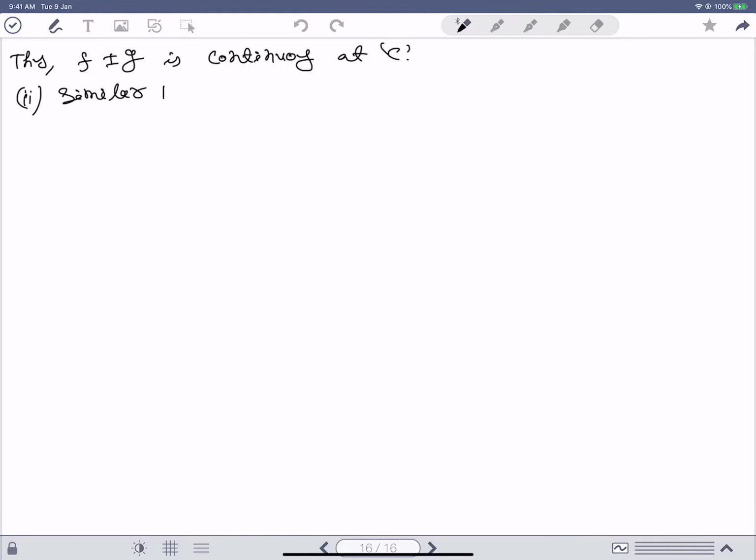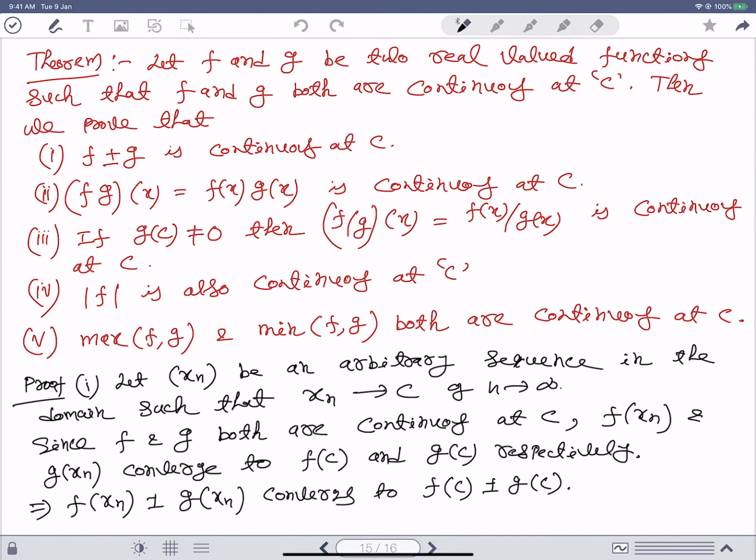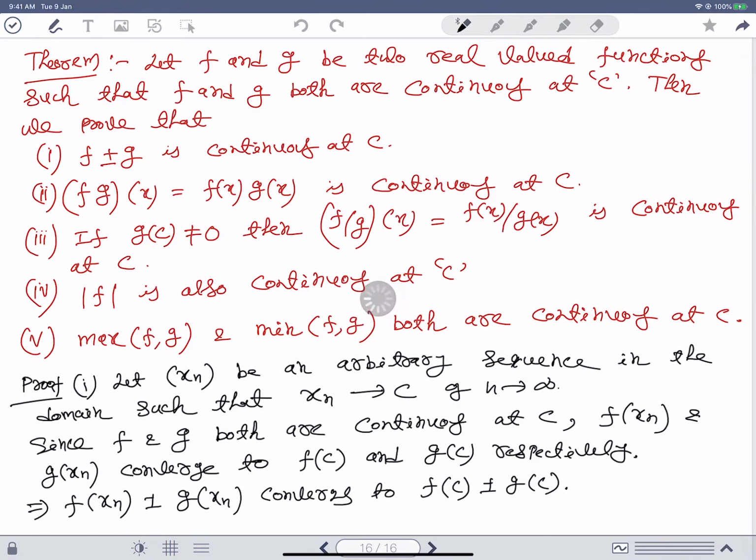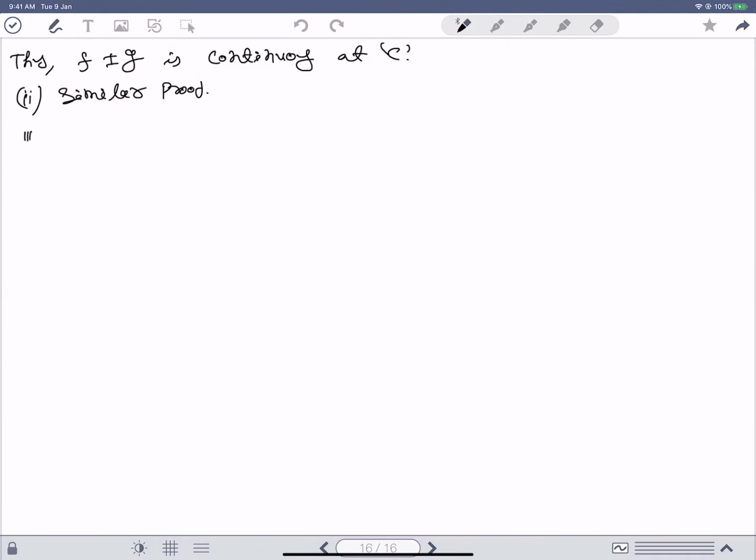Right? Now similarly we can prove property 2. So similar proof. You can take an arbitrary sequence xn converging to c. Therefore f of xn and g of xn converge to f of c and g of c respectively. Therefore their product f of xn into g of xn converges to f of c into g of c, right? And similarly you can prove 3 as well.